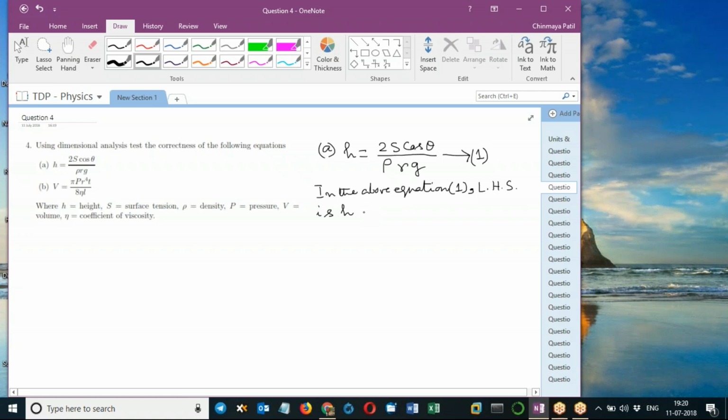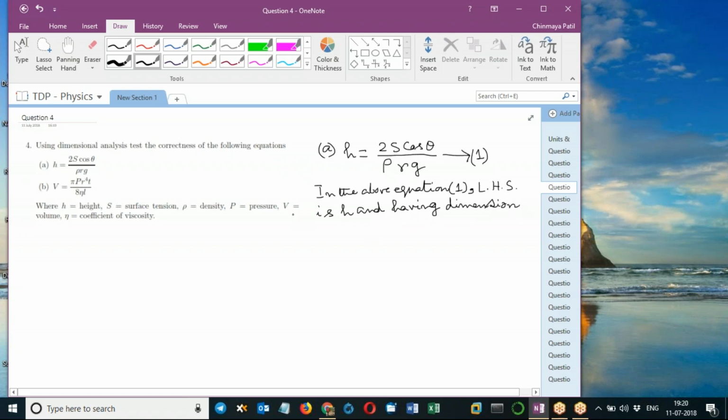And we can say that h is having dimension M power 0, L power 1, T power 0.